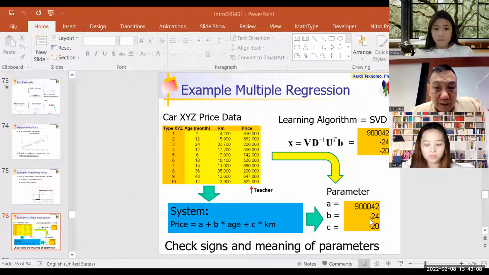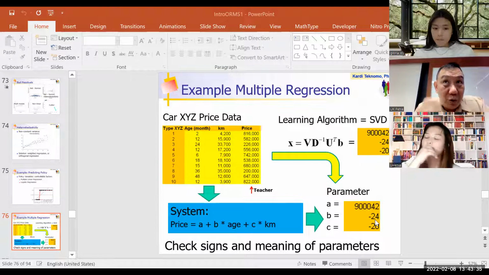Is the sign negative 24 correct? If the sign of A is positive, 900,000 correct? How do you know?